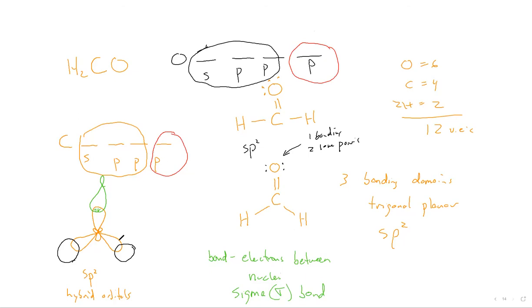And so if I draw that leftover P, I have to kind of make it big. So there's my leftover P on my carbon, and I didn't show those other two orbitals on oxygen, right? There's 3 of them. I guess I could show them, not messing up my picture too much. So that's my sp2 hybrid orbitals.